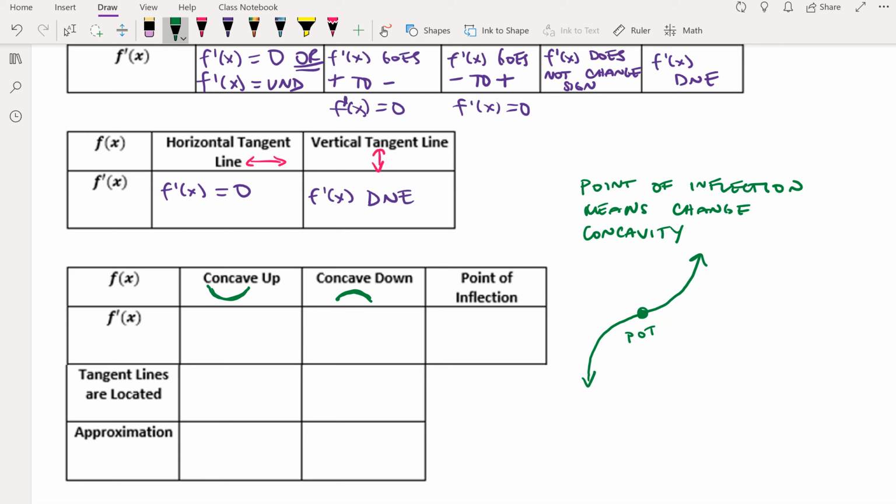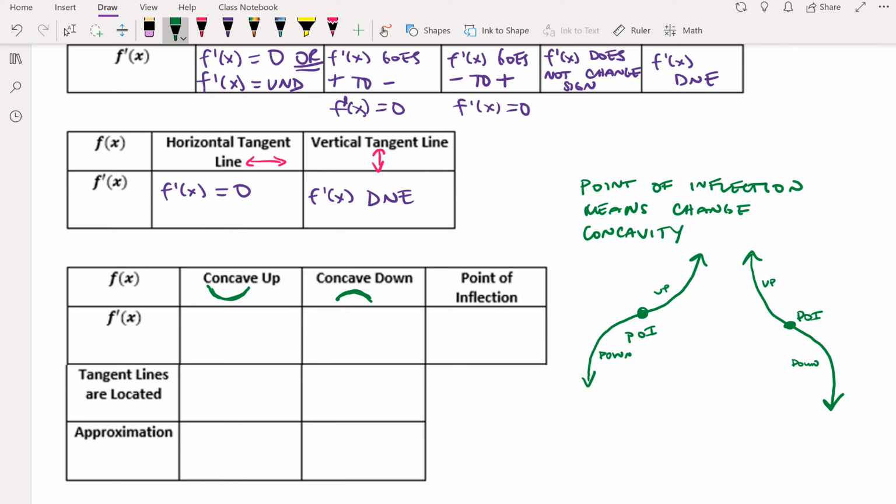So I'm going to call that a POI. And then we could also change from concave up to concave down. And where the concavity flips is a point of inflection. Okay, cool. And then again, this is concave down to up, just in case you were struggling with that. That's concave up, and then it switches to concave down.